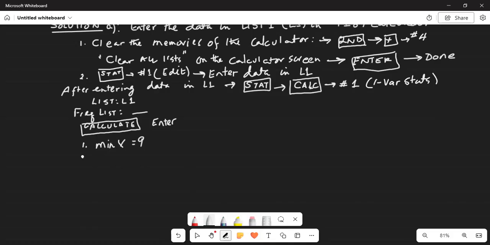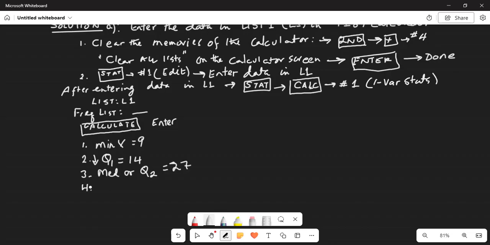Then number 2 is Q1, which is 14. And notice after Q1, you have a down arrow key like this. So press the down cursor key. This indicates that we have to press the down cursor key to get the other numbers. Number 3 will be med or median or Q2, and that is equal to 27.